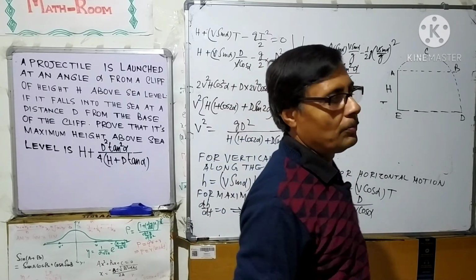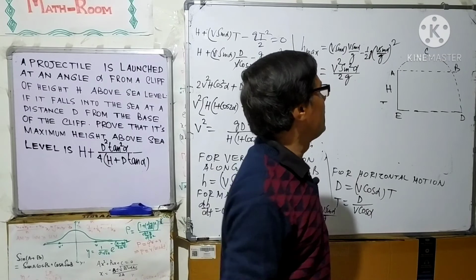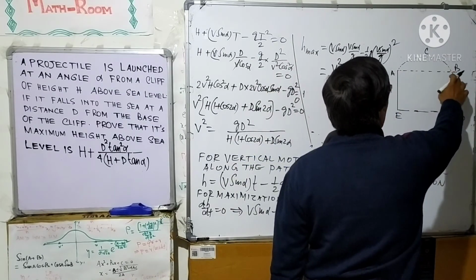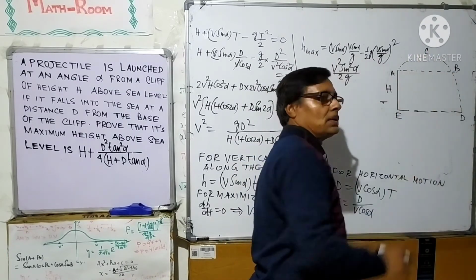This is the maximum height of the projectile above the line AB when it is moving along the path ACB.